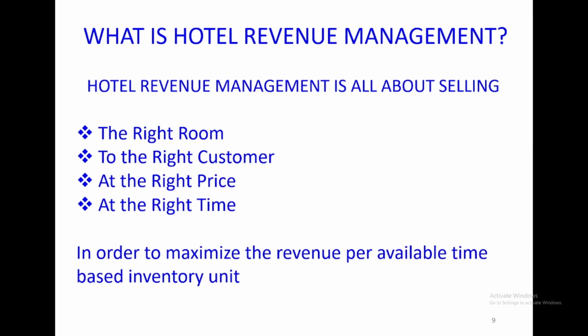Available time-based inventory unit means room in this case, but we do not call it room. Why? Because we also can do revenue management with banquet rooms. A banquet room also has an available time-based inventory, right? We cannot sell the same banquet room twice to 2 different customers, so we can do our revenue management for banquet. So this is the simple definition which is easy to remember.